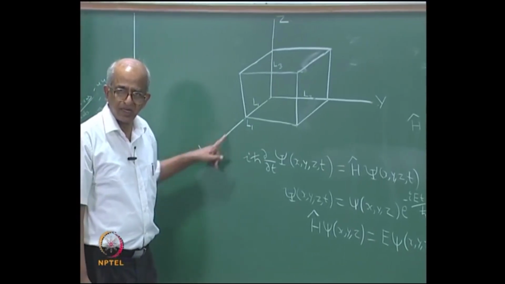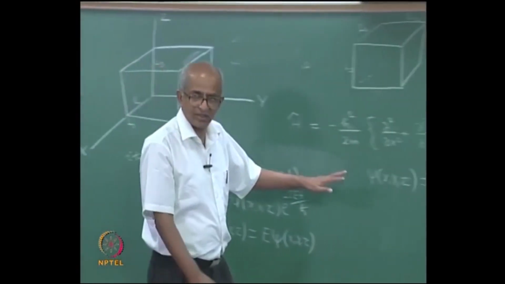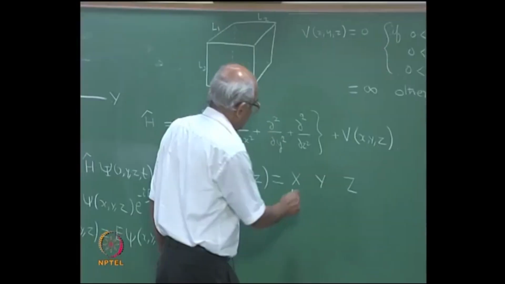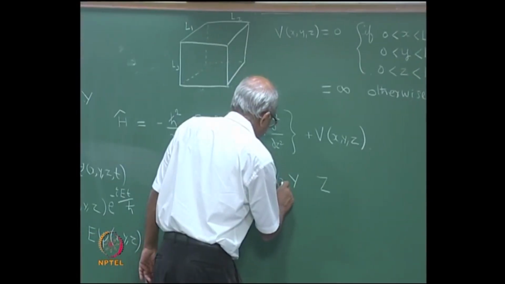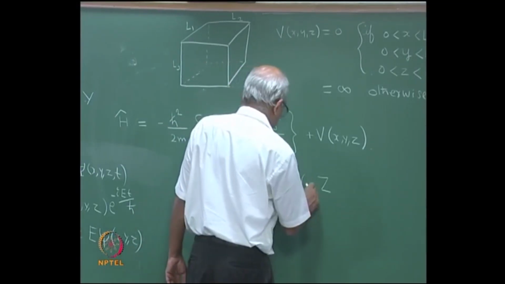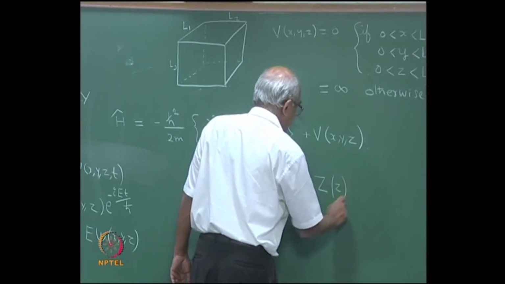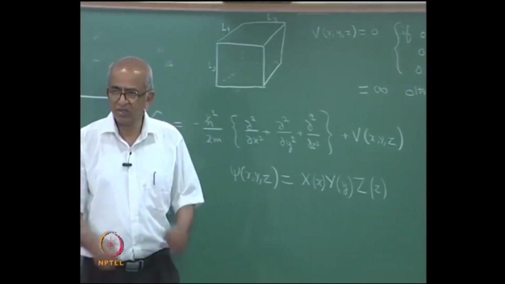This is just labeling the coordinates, while the capital X is a function, and it is going to be a function of small x alone. Capital Y will be assumed to be a function of small y alone, and capital Z will be assumed to be a function of small z alone.